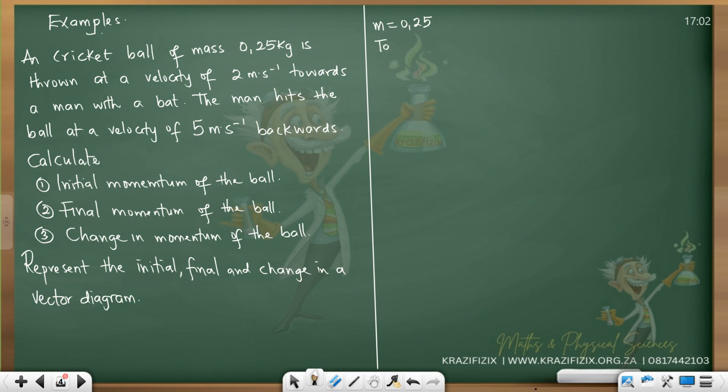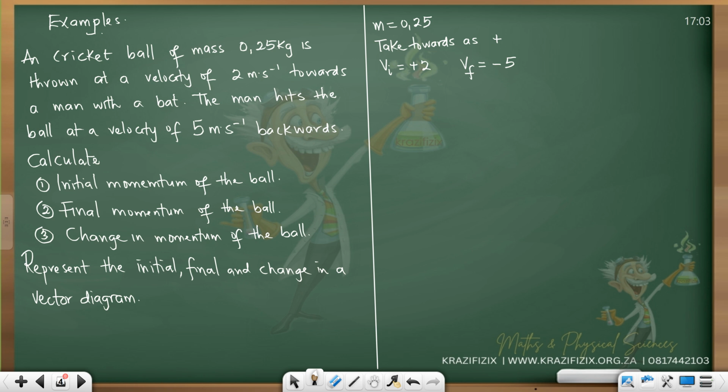Okay, so I'm going to say let's take towards as positive. Now, this is me taking care of vector. So my initial velocity is positive 2, while my final velocity is -5. Please let me know if we are on board with what I just did.